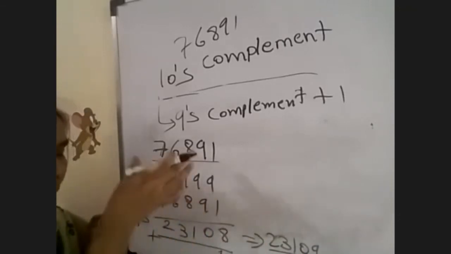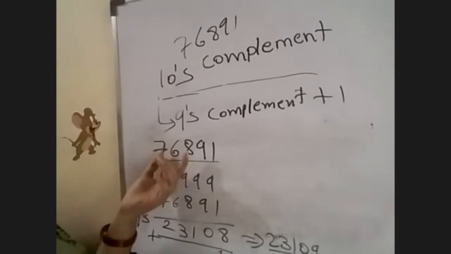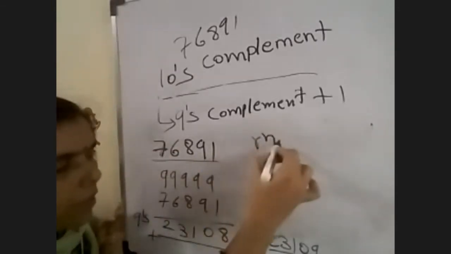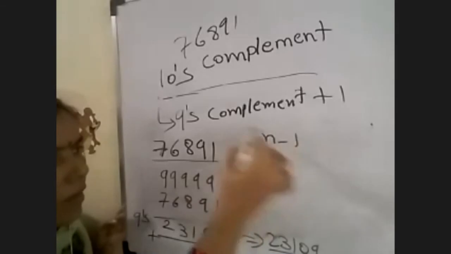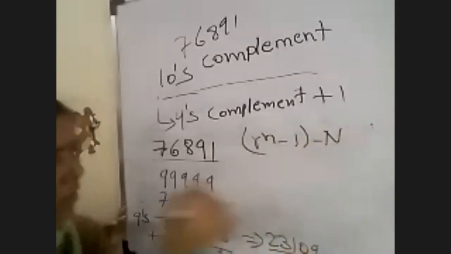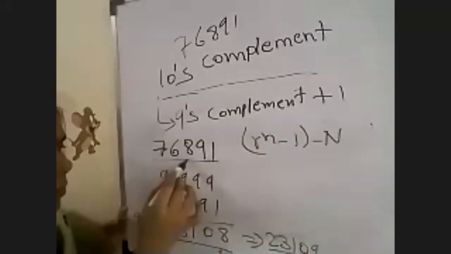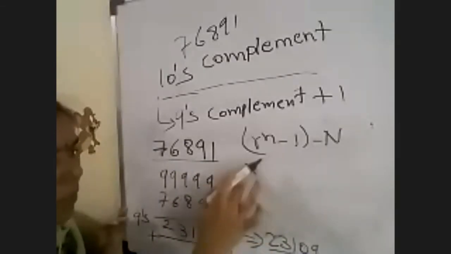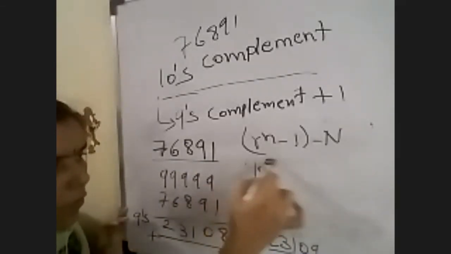You can apply the same values in the formula r to the power of n minus 1 minus N. Here n is the number of bits, 5, and the base is 10. So 10 to the power of 5 minus 1 minus 76891.